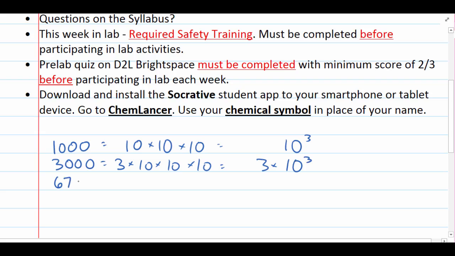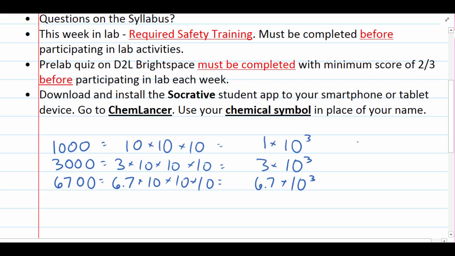3 times 10 to the third. And if we have 6,700, we could write this as 6.7 times 10 times 10 times 10, or 6.7 times 10 to the third. Okay, now when we write them out like this, in fact, this first one, instead of simply writing it as 10 to the third, we could also write it as 1 times 10 to the third.